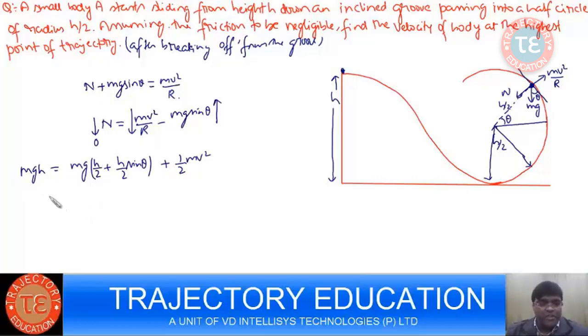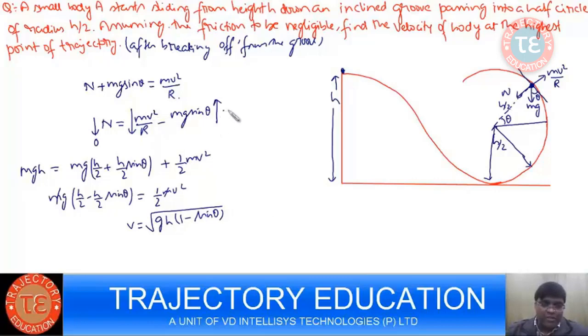So if I put it this side, this is mg times h by 2 minus h by 2 sin theta, that is half mv square. m will cancel out, so v becomes root of gh times 1 minus sin theta, right?